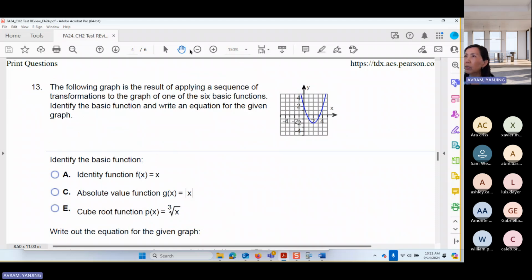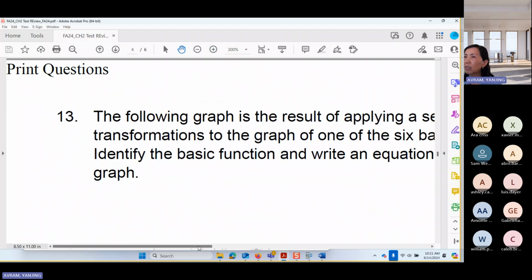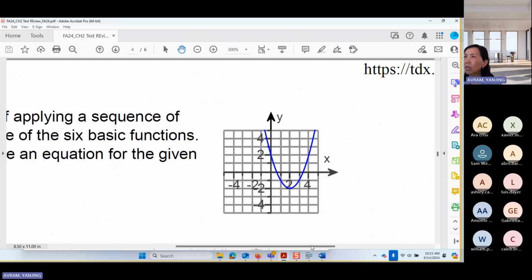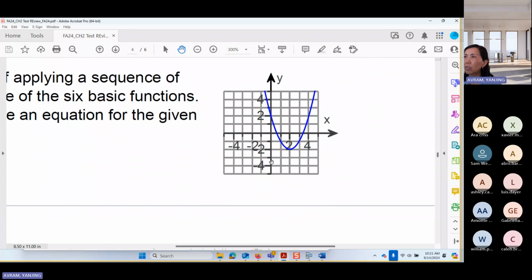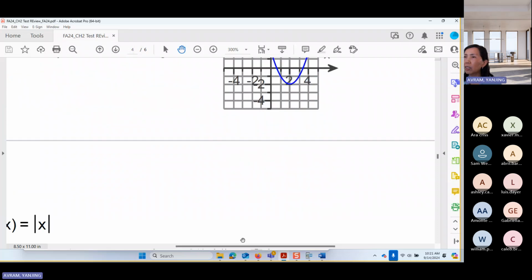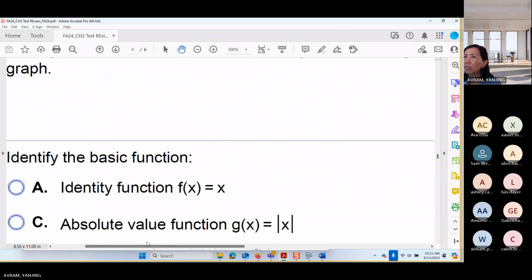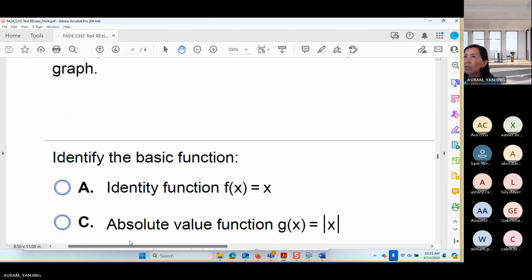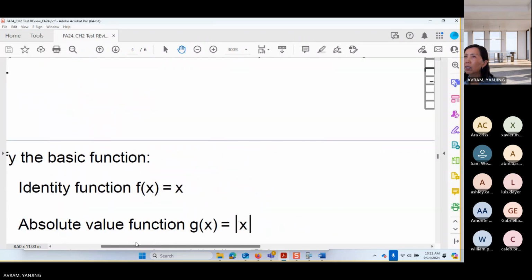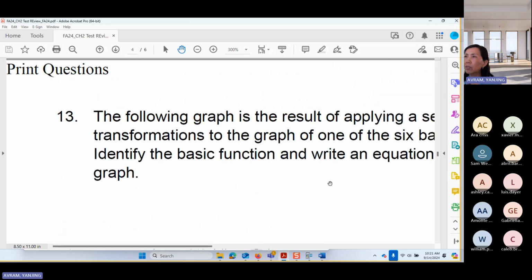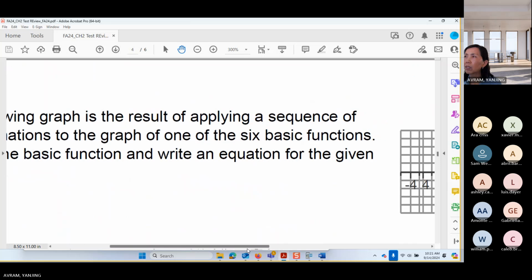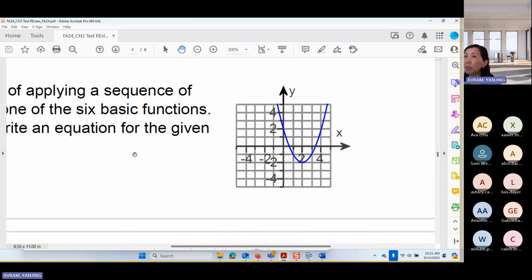Identify this one right here. So if you look at this one, let's make it a little bit bigger. All right, how does this one look to you? Does this one look like the absolute value of x? Identify the basic function, one of the 6 basic functions.